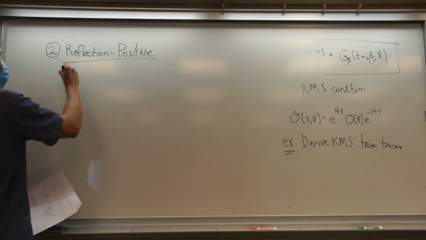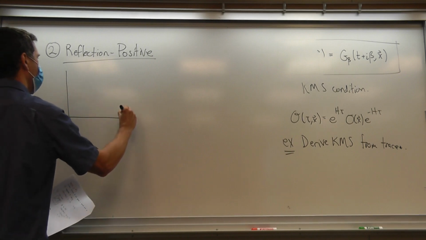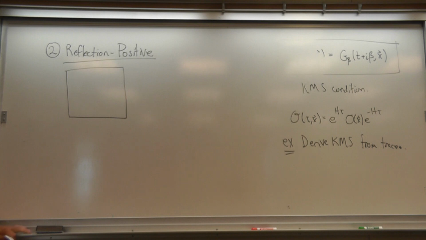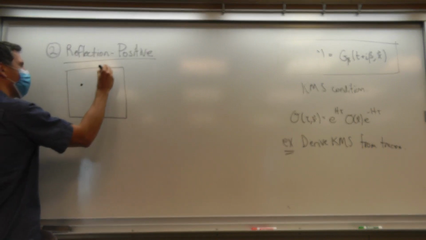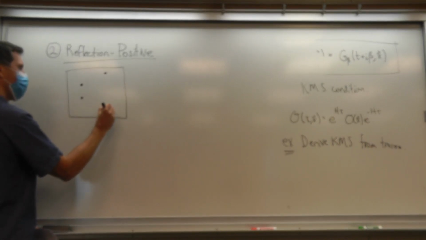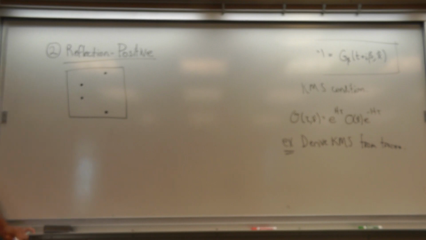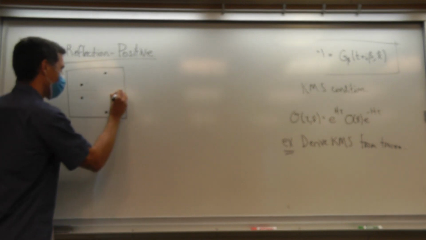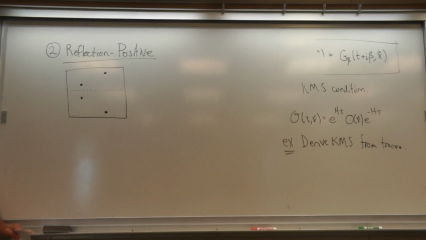It means that if I draw the Euclidean configuration, say I have a 4-point function of 4 identical operators at these 4 points. Well, you'll notice that this is reflection symmetric about the middle line. So this is a reflection symmetric configuration.